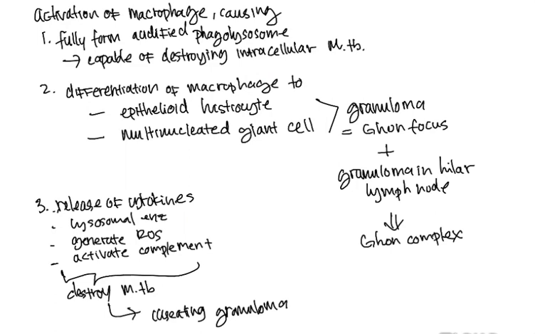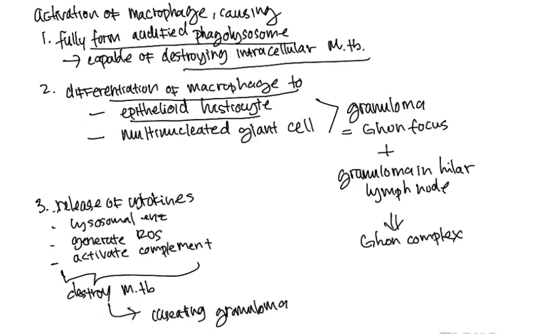Activation of the macrophage results in a fully formed acidified phagolysosome, and they are capable of destroying the intracellular mycobacterium. Also, they differentiate the macrophage into epithelioid histiocytes and multinucleated giant cells. Together they form the granuloma.